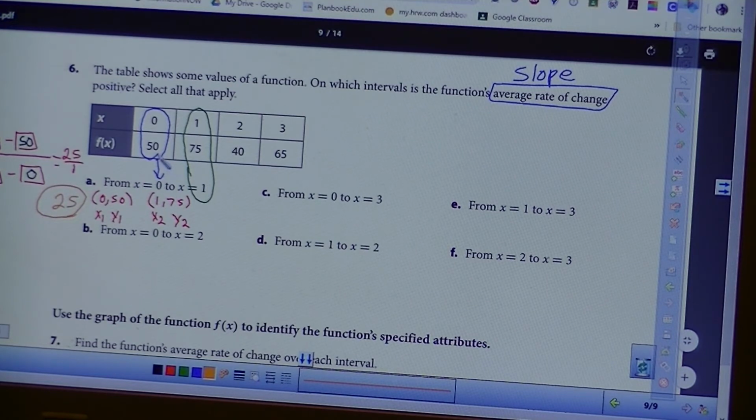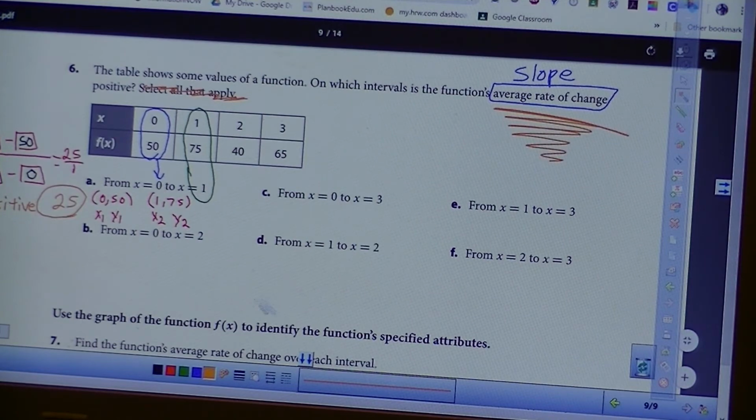Well, I think most of these are going to be positive, so I'll go ahead and mark this one positive. But what I want you to do is find the average rate of change, or the slope, for each one, and then surely you can figure out whether it's positive or negative from there. I'm not nearly as worried about that.